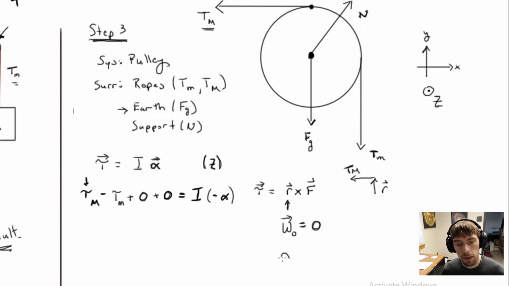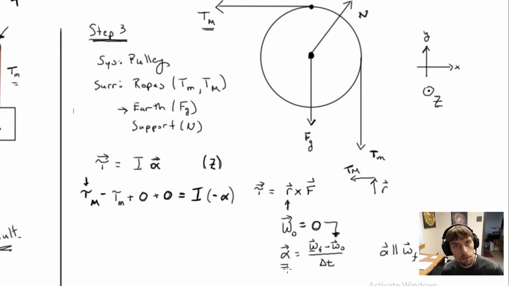And because alpha is defined as omega final minus omega initial over some time interval, so this is delta omega over delta t, since the initial angular velocity is 0, my angular acceleration will be parallel to omega final. So can I find the direction of omega final?